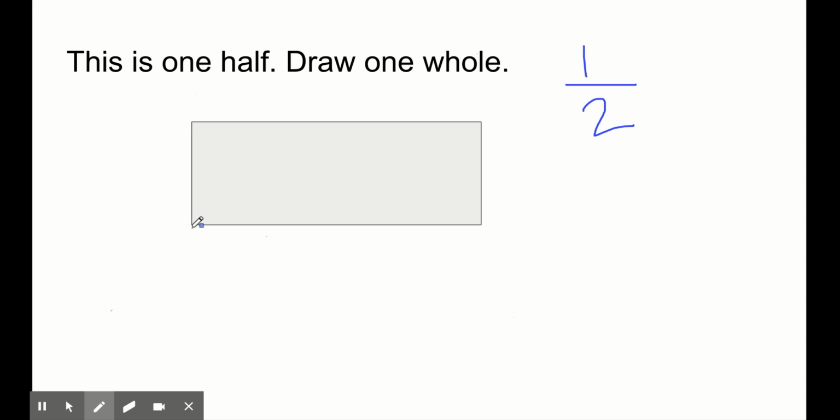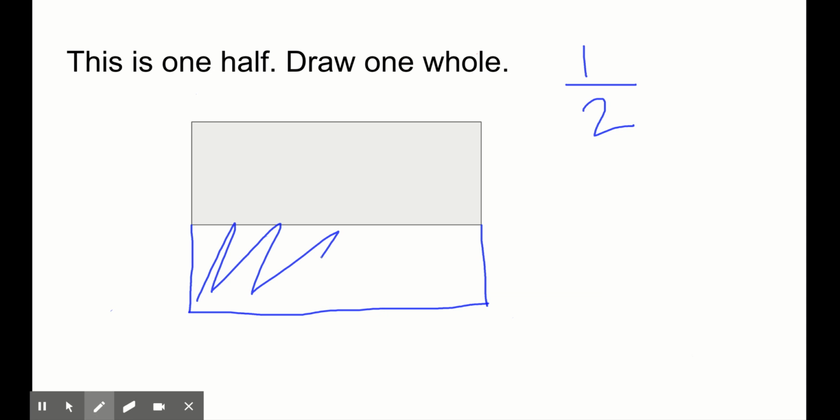So now I need two parts. So I'm going to draw that second part. Now, do I have a whole? Yes. I have two parts and they're both shaded in.